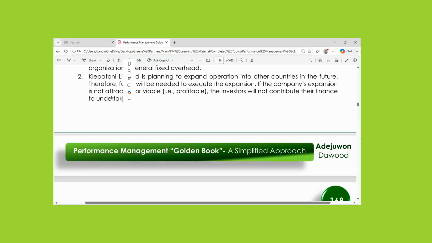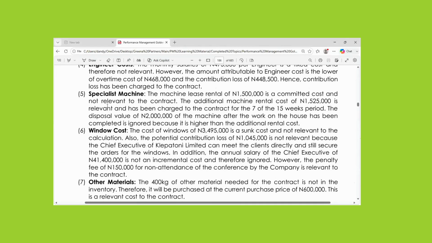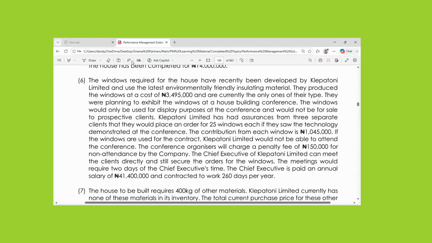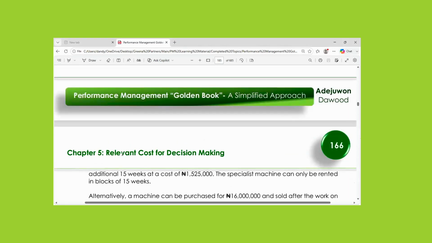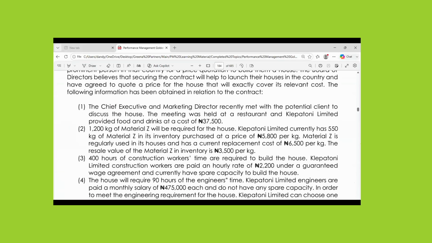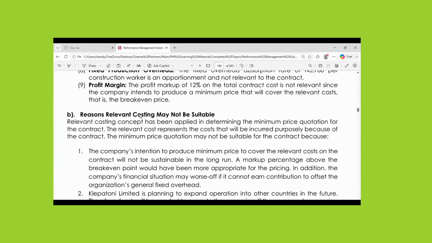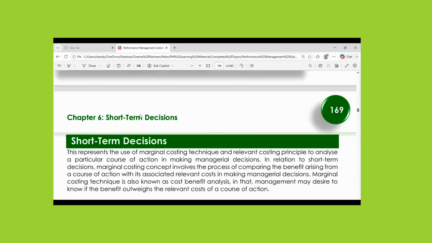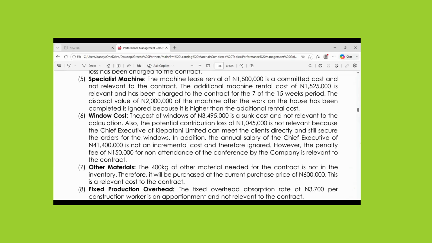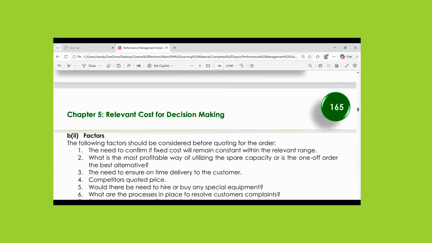Therefore, I want to encourage you to go and solve illustration number 6 or 7 in the learning material shared with you. That is the next question that we are going to solve.